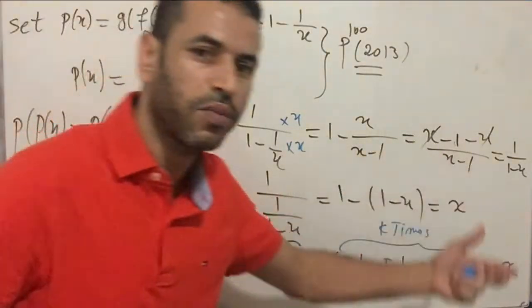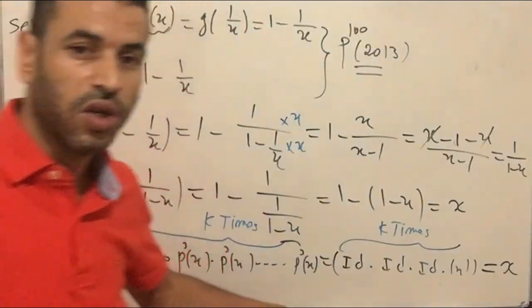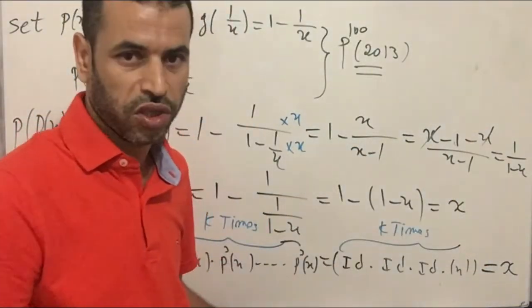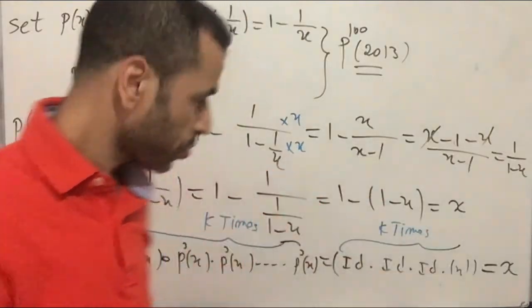As you compose 3 times you find the identity function, so a composition of k identity functions gives the identity function.